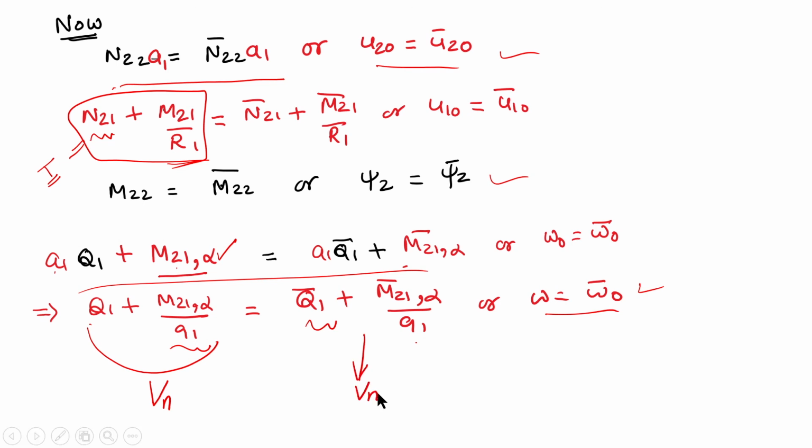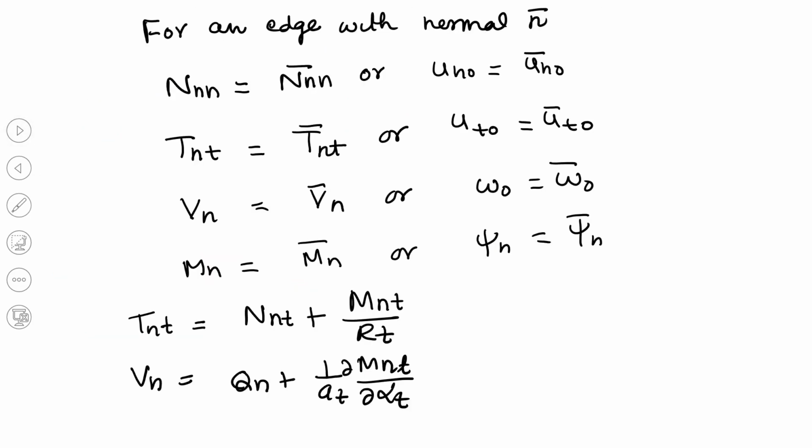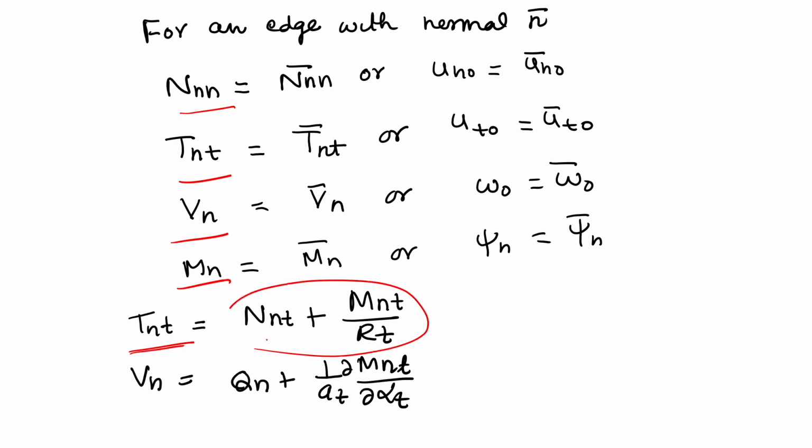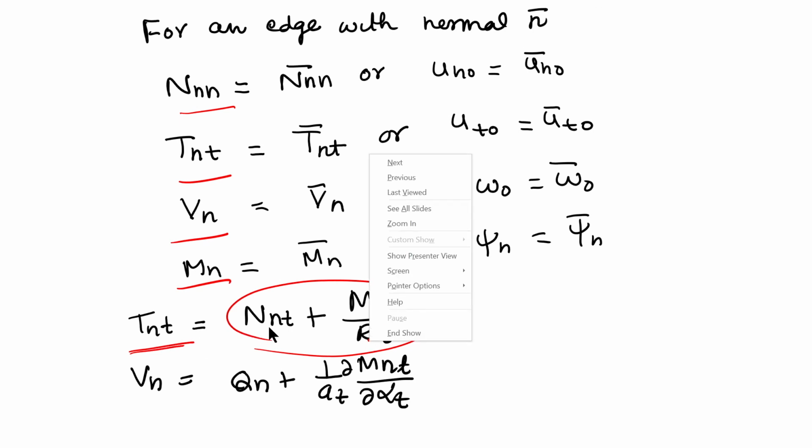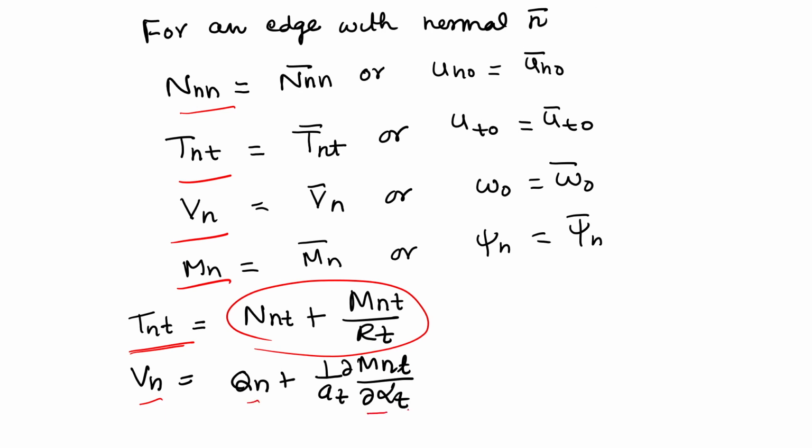If I write in terms of n and t, it will be nn, nt and tt, Vn and m1, where nt and tt can be written like this. For the case of a plate, r is infinity, so it will be equal to nt, and Vn will be Qn plus dMnt over d alpha t.